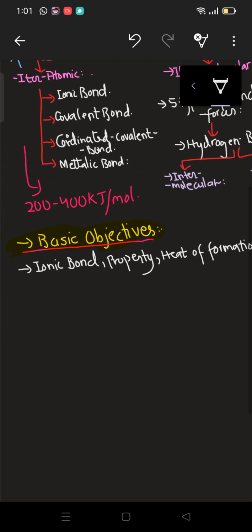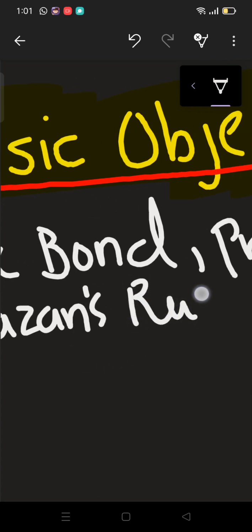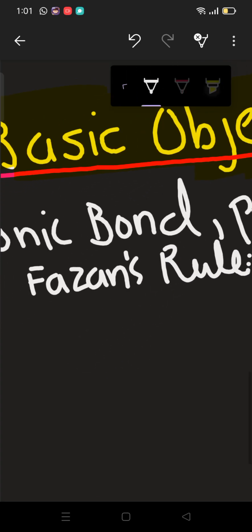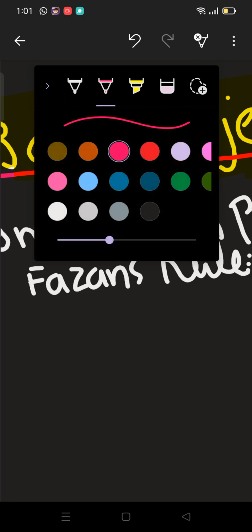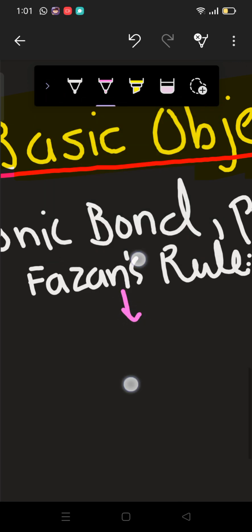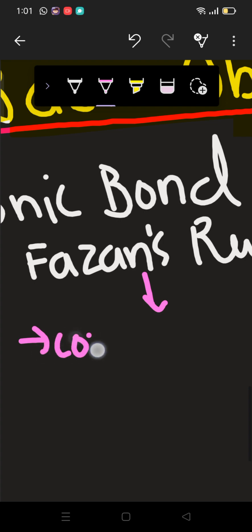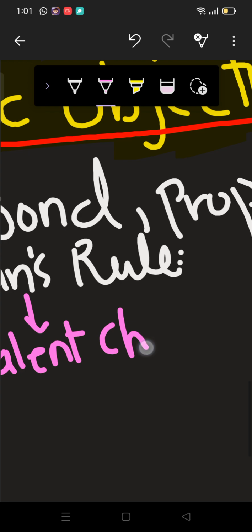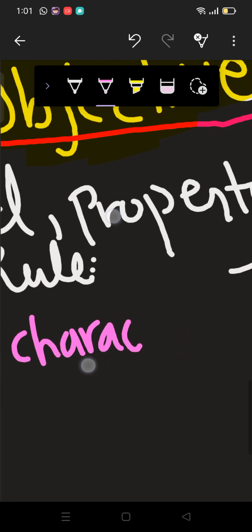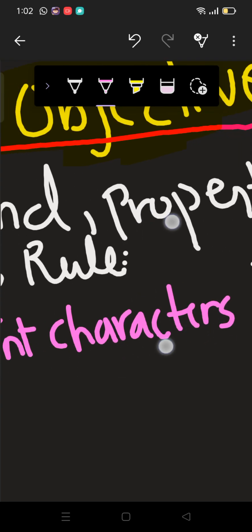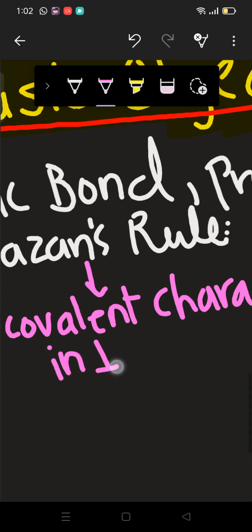Then we will be discussing covalent character in the ionic bond, which is determined by Fajans' rule. Fajans' rule is nothing but it tells us about the covalent character in ionic bond.